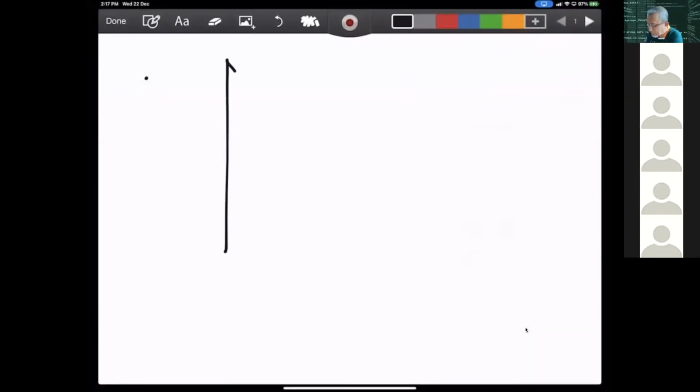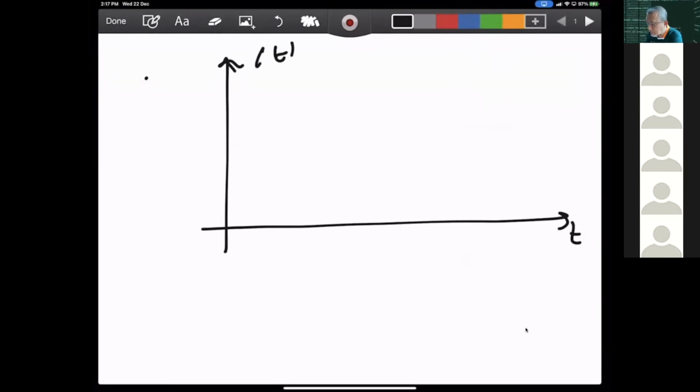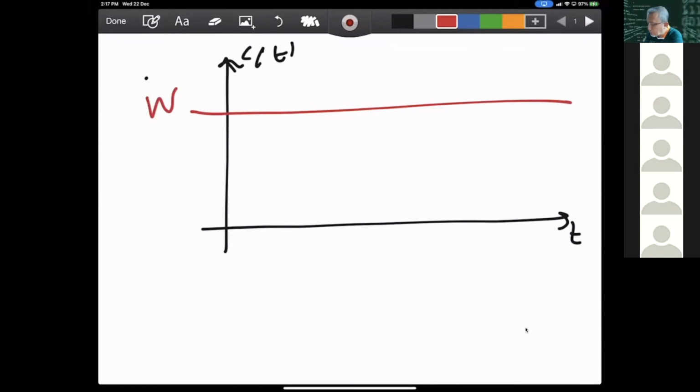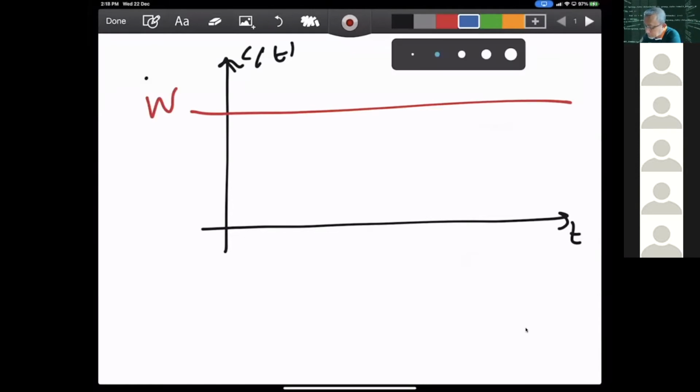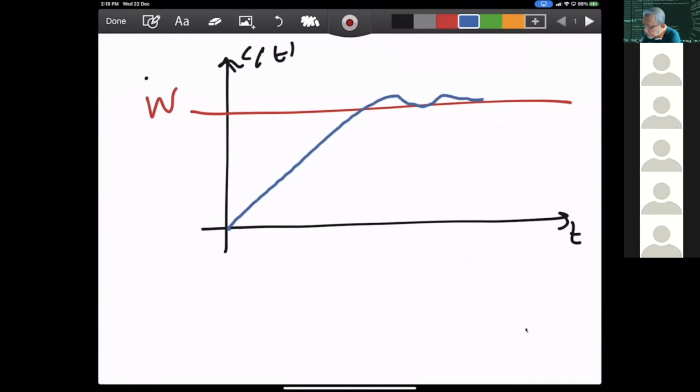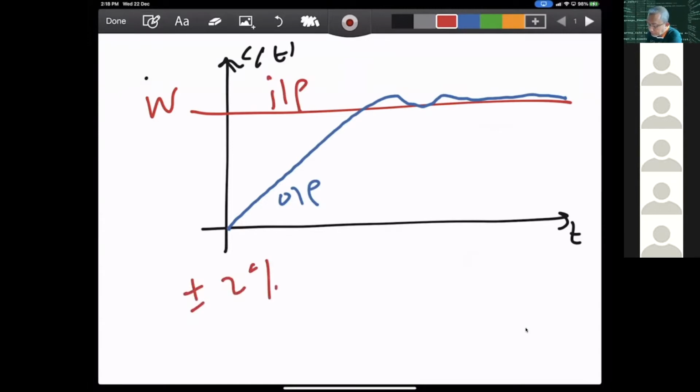Input is 1 volt. And the response... What do you mean by plus minus 2% of steady state value?